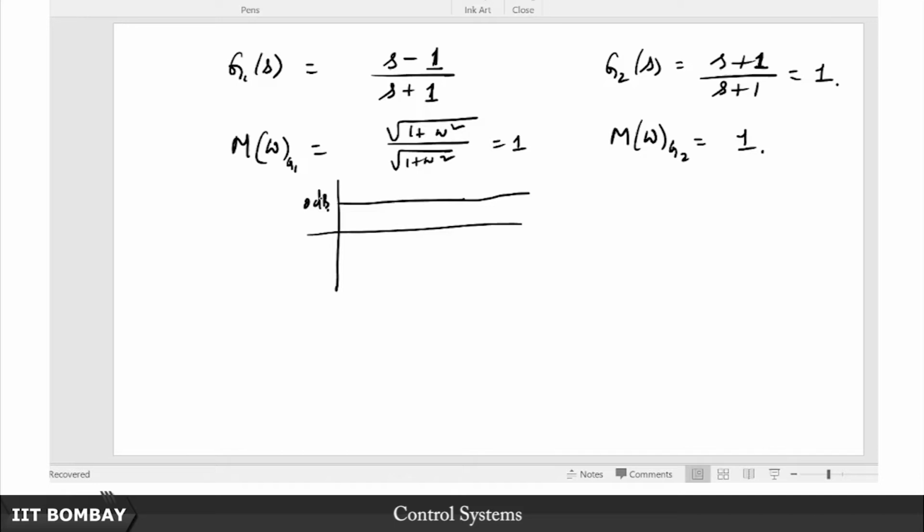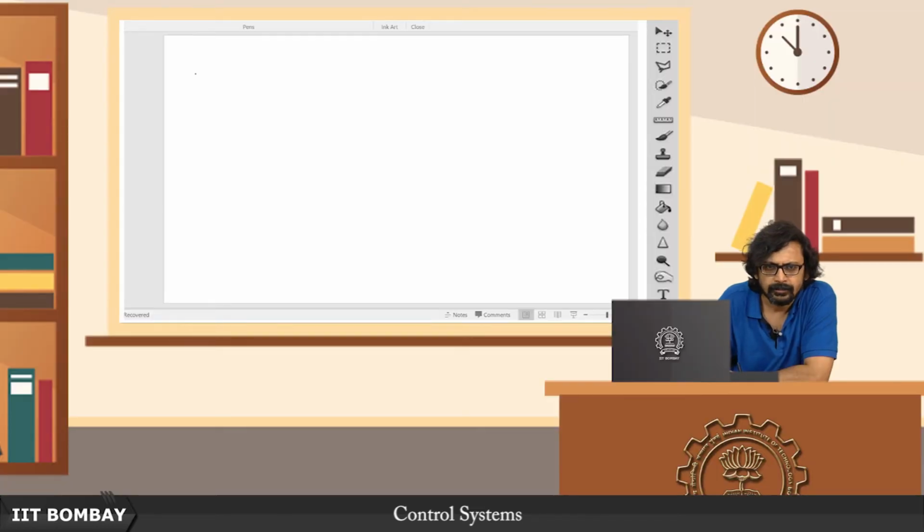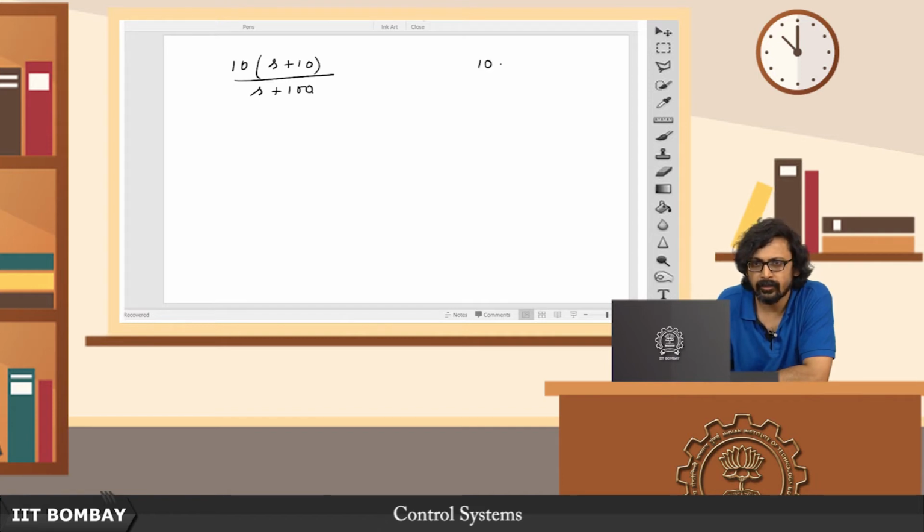It would be interesting to look at the phase plot of this, but I have an even more interesting example on hand, so we will take a look at that particular example instead. Let us say you have this block, 10 of s plus 10 upon s plus 100, and you have 10 of s minus 10 upon s plus 100.